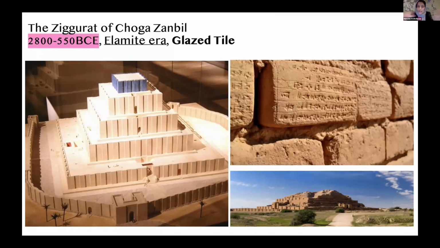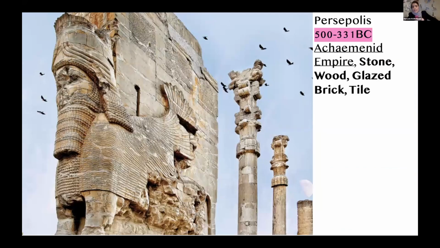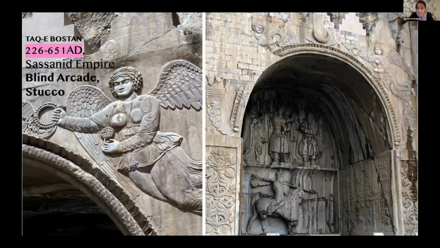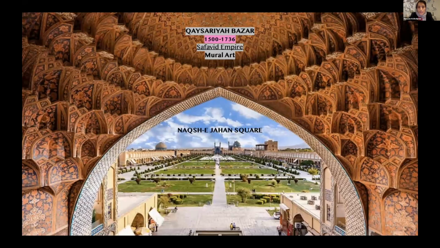It continued with stone, wood, glazed brick and tile in the Achaemenid Empire, and blind arcade and stucco in the Sassanid Empire. And the glory of colorful Persian architecture is in Nakhsh Jahan Square in the Safavid dynasty.